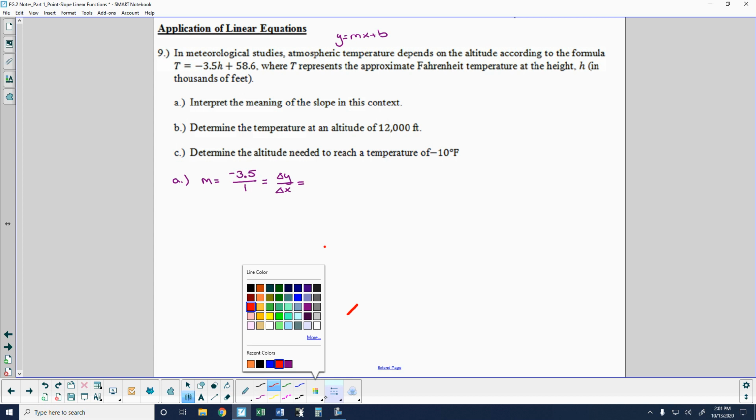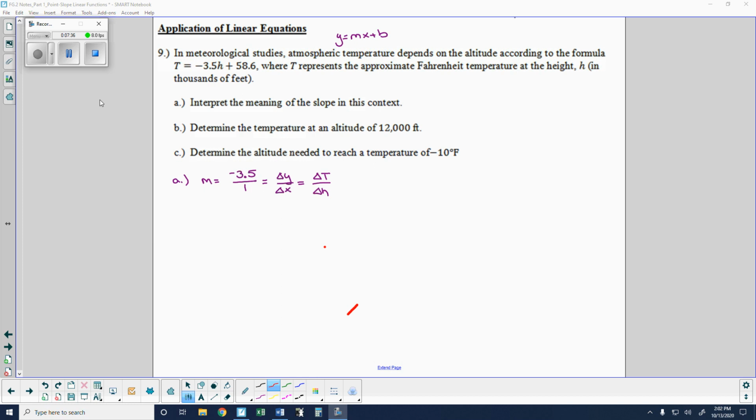Or in this specific case, we could think about y as T, change in T over change in H. So if I write it of this form, now I can break down what really is going on here. Change in T, the numerator, is negative 3.5. Change in H, the denominator, is 1.